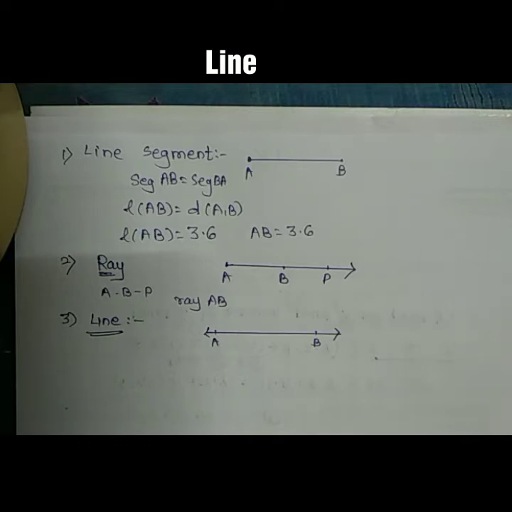The set of points of segment AB is a subset of the points of line AB.